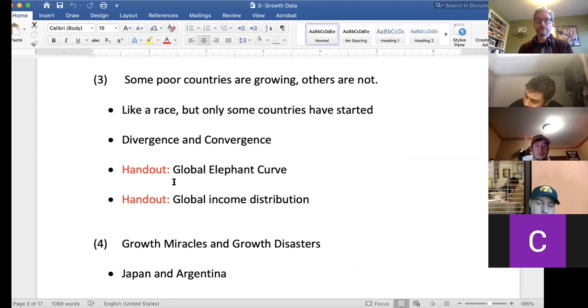And this is true whether you're rich, but it's particularly true when you're poor. We do see some countries that are growing. And in fact, some countries are converging, right? When we use the word convergence, we're talking about basically poor countries growing faster than rich countries so that their income levels are getting closer together over time.